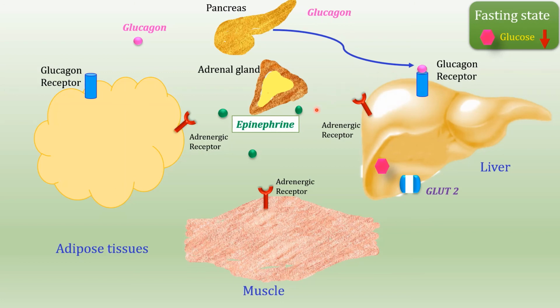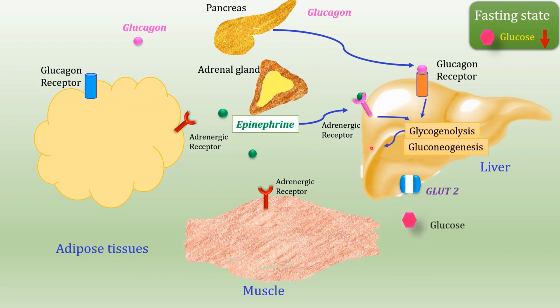But epinephrine also binds to the beta adrenergic receptor, and both cause glycogenolysis, the breakdown of glycogen into glucose, and synthesis of new glucose. The glucose synthesized in the liver is then transported to the tissues which require it in fasting and starvation, and it goes into circulation through GLUT2.